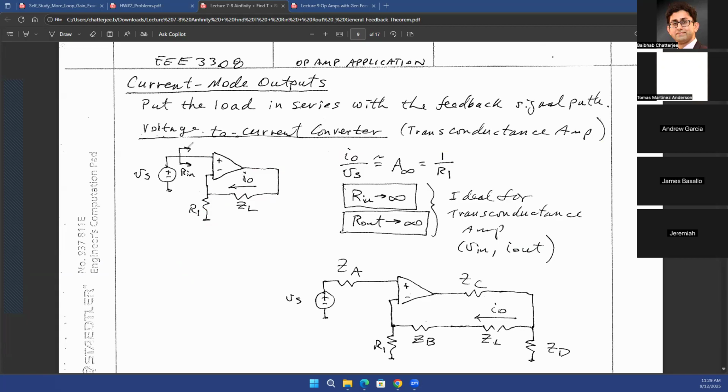Input resistance Rin is over here. Again, no current can go into this terminal, so because no current can go in, your Rin is infinitely large. What about Rout, the output resistance in this case? And that's where it is going to be interesting.